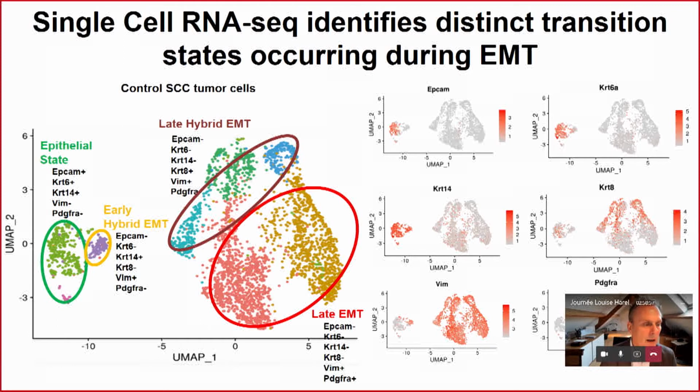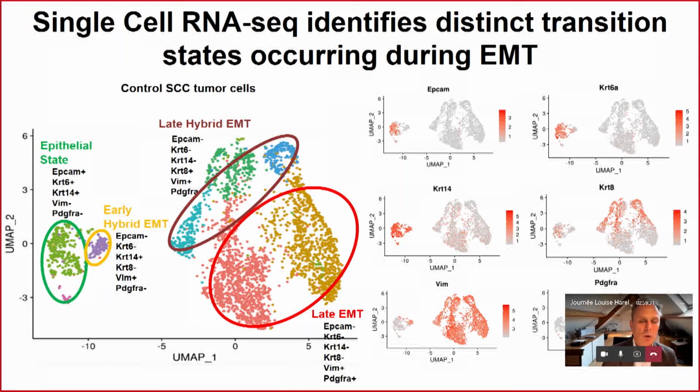You have this early hybrid EMT state with a loss of EpCAM expression, continued expression of K14, but co-expression of vimentin. And then you have this late hybrid EMT in which you don't have that much K14 expression, but you have another epithelial marker, K8, that is quite high, and the co-expression of vimentin. And then you have the late EMT population in which you lost keratin 8 expression, you only express vimentin and other markers such as PDGFR.